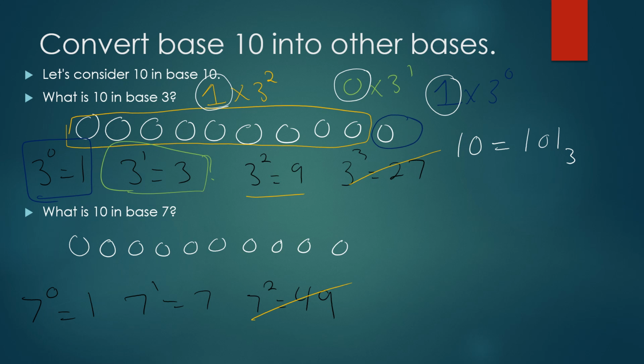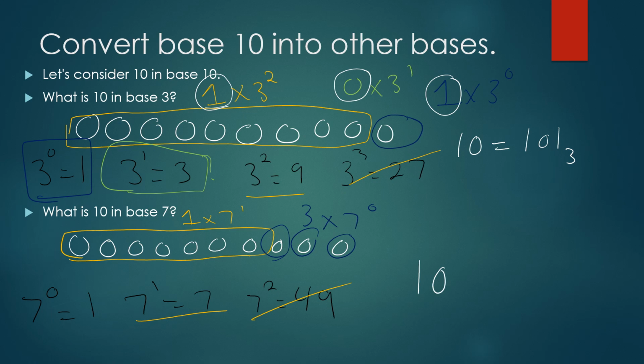We'll look at the next grouping. Can we make a group of 7? Yes. 1, 2, 3, 4, 5, 6, 7. There we go. This means I have one group of 7 to the first. And then I have 3 groups of 7 to the 0.